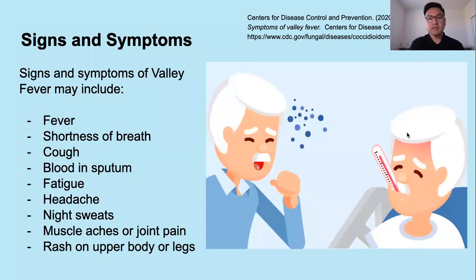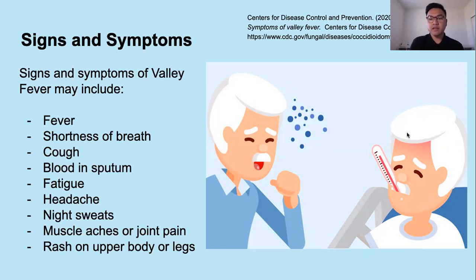So some signs and symptoms of valley fever may include fever, shortness of breath, cough, blood in the sputum, fatigue, headache, night sweats, muscle aches or joint pain, or a rash on the upper body or legs. According to the CDC, many people who are actually exposed to this fungus never have symptoms.